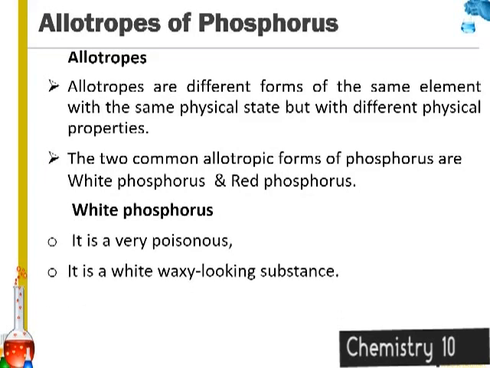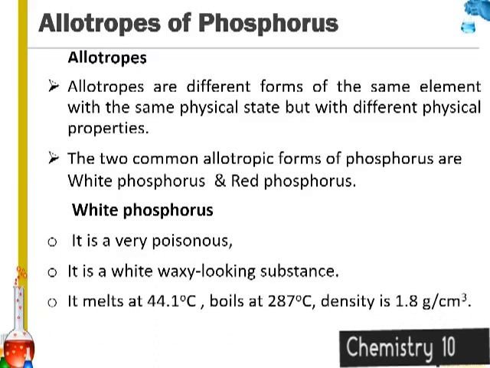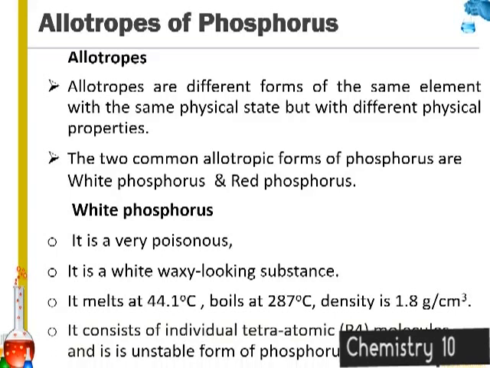It is a white, waxy-looking substance. It melts at 44.1 degrees Celsius and boils at 287 degrees Celsius with a density of 1.8 grams per centimeter cubed. It consists of individual tetraatomic molecules and is an unstable form of phosphorus.